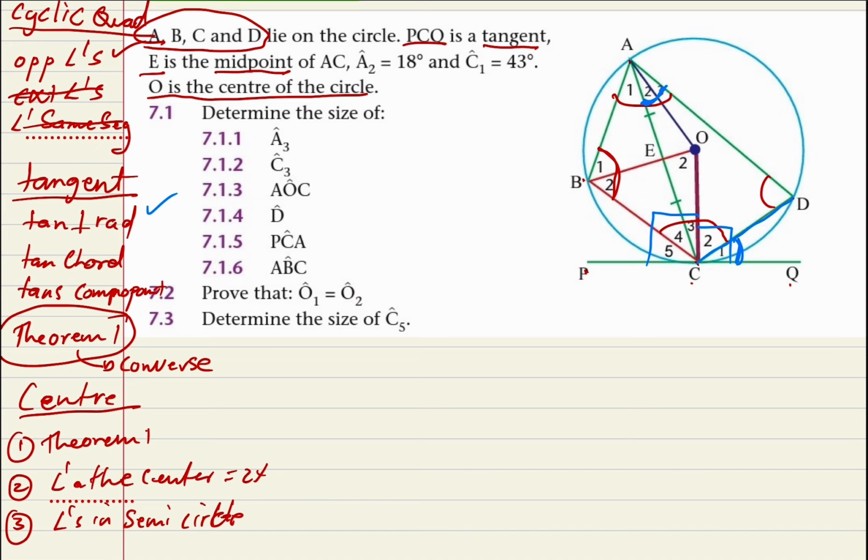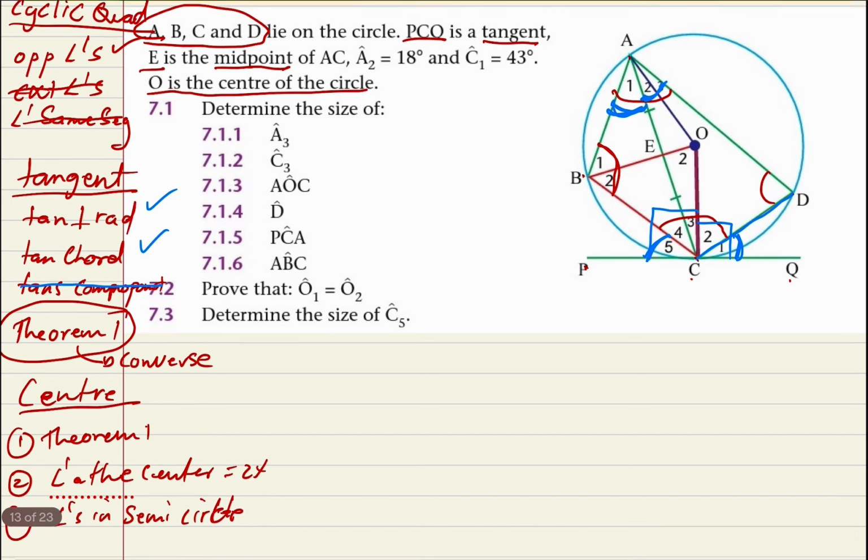Again, this one is equal to that one. It's the tan chord theorem, guys. Okay, do I have tangents from a point? No, there's only one tangent. This one is out.